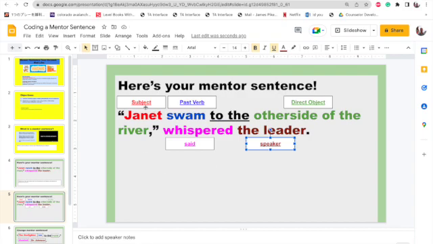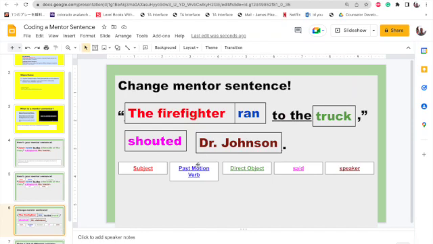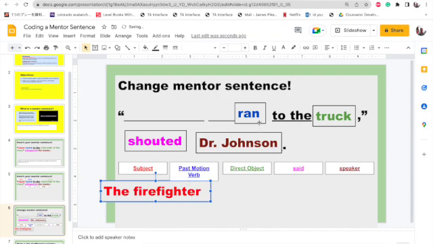So now that we have a subject, a verb, a direct object, how they said it, and a speaker, let's change the sentence. The firefighter ran to the truck, shouted Dr. Johnson. In this case, the firefighter is our subject, and they ran.